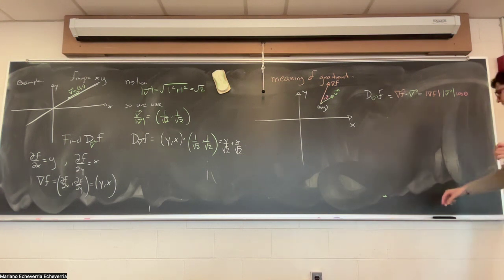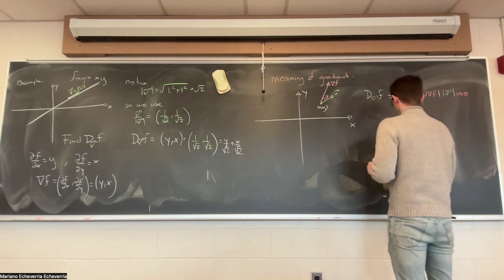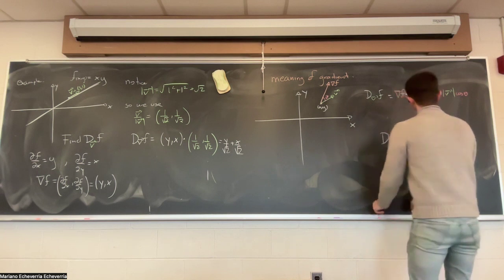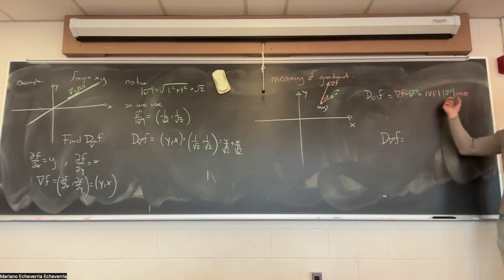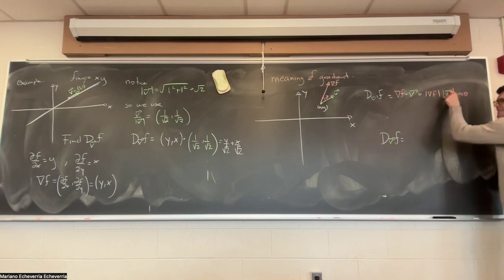This is another reason why our convention is to work with directions that have length one, because then in this formula, if you're using directions of length one, this second factor just gives you one.